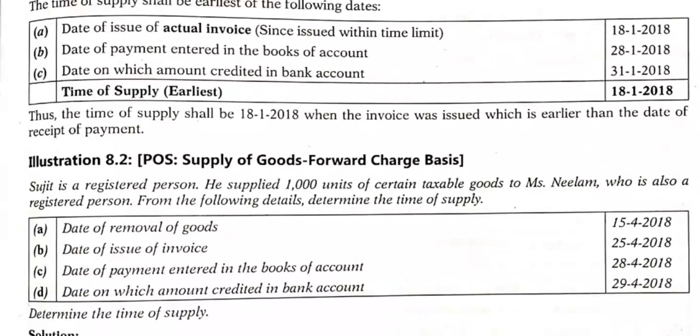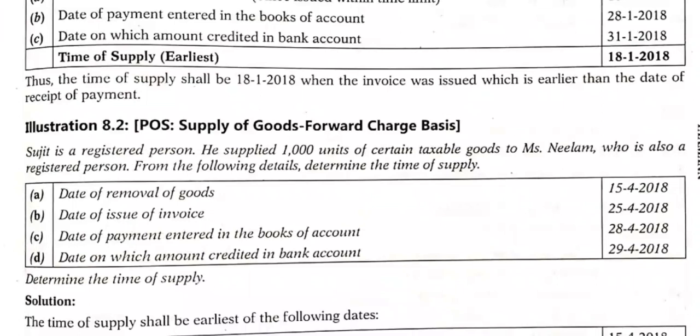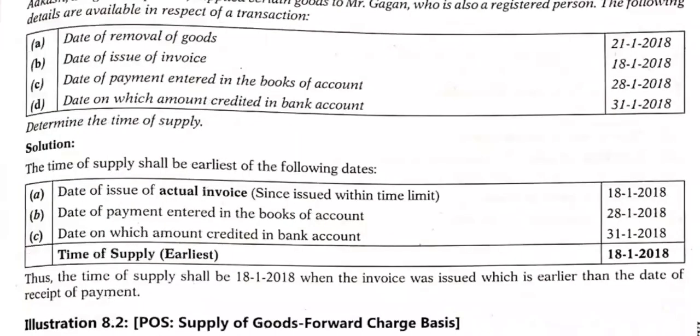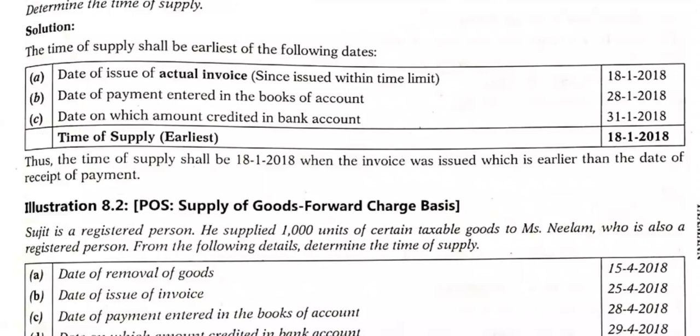So what could be the time of supply? Anybody here? Yes, what could be the time of supply?